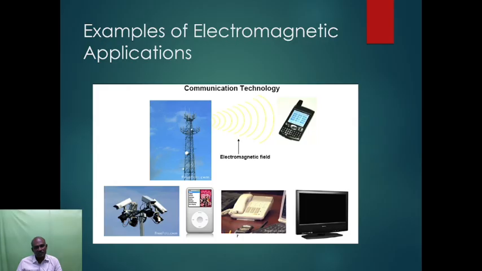So wave propagation is due to the electromagnetic field. Wireless communication is possible only because of the electromagnetic field. In this manner, we have so many technological advancements, and still they are coming up.